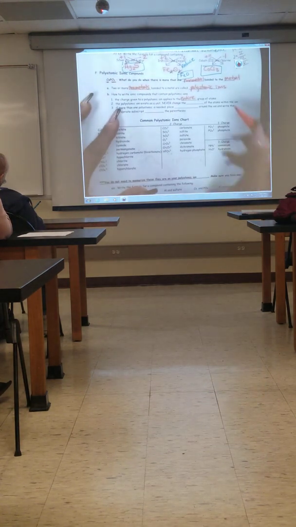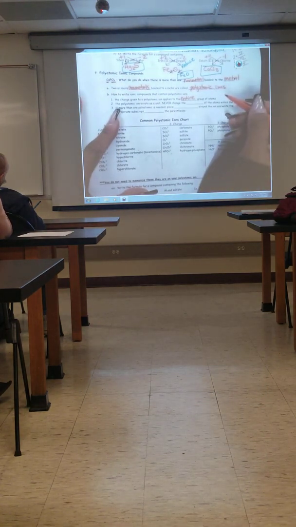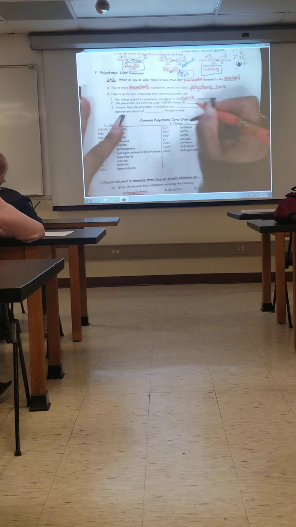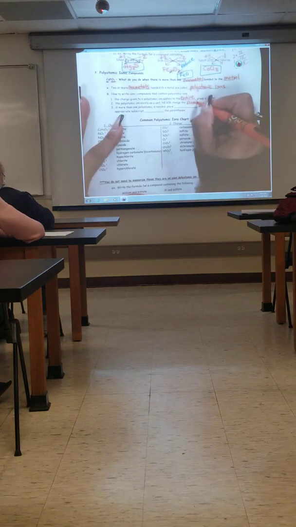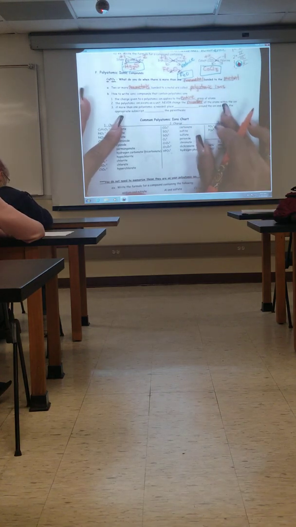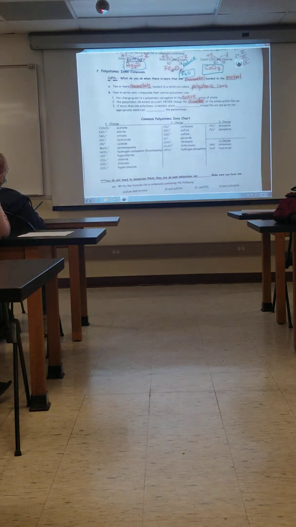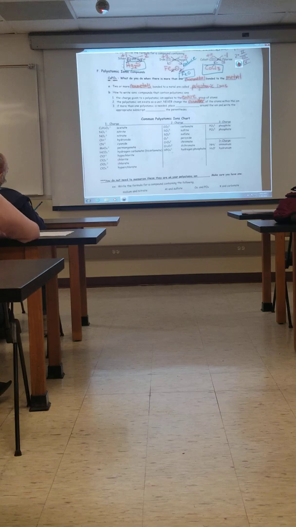The next one, the polyatomic ion exists as a unit, never change the number of the atoms within the ion. What they're trying to say is C2H3O2 will always be C2H3O2. You don't go and change it to CH3O to try to reduce the C and the O. Does that make sense?